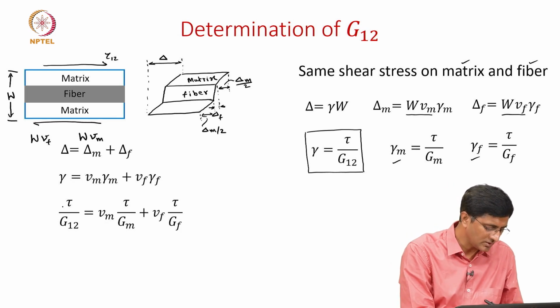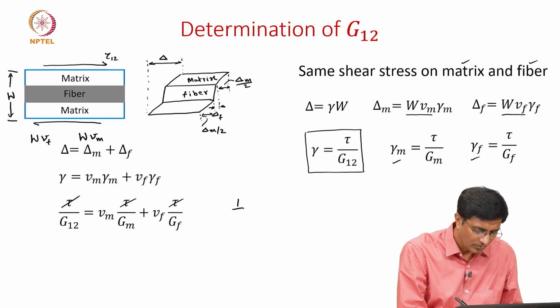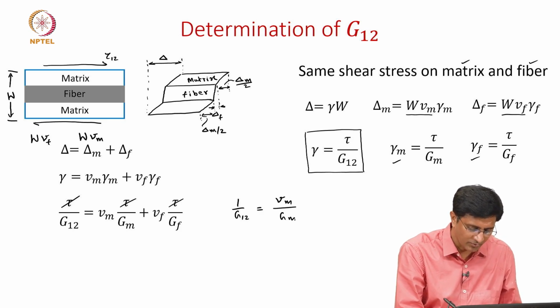And since we have the same shear stress applied in the composite and the constituents, we can now write it as 1 by G12 is equal to the volume fraction of the matrix by the shear modulus of the matrix plus the volume fraction of the fiber by the shear modulus of the fiber.